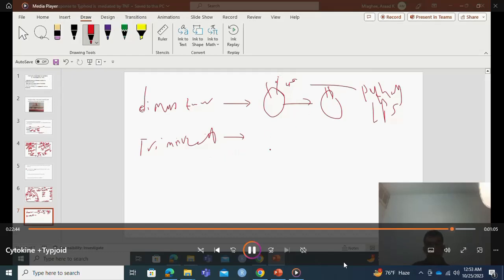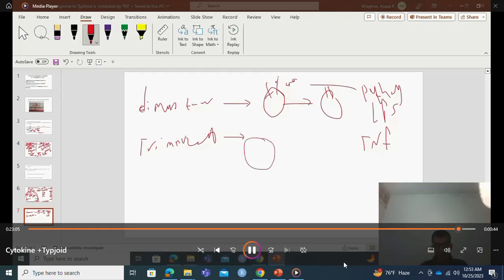Trimerization is for TNF, the ligand, which is the last event of binding with the endothelium or with the other cells.